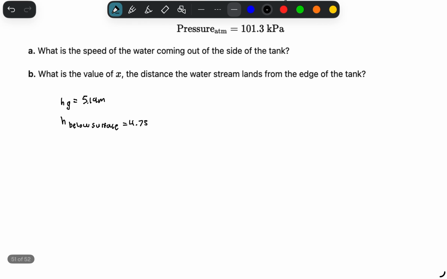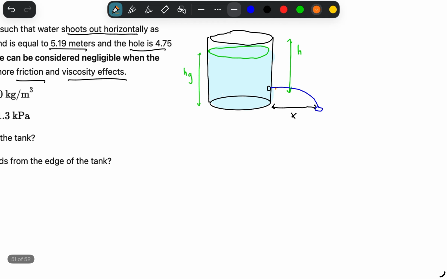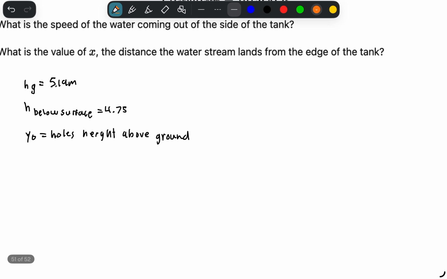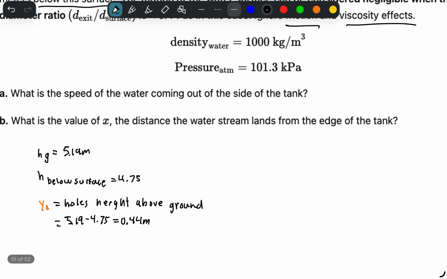So that means that the hole's height above the ground, y initial, y naught, is equal to 5.19 minus 4.75, which is equal to 0.44 meters. We also know that rho was 1,000 kilograms per meter cubed, and we had our P atm.